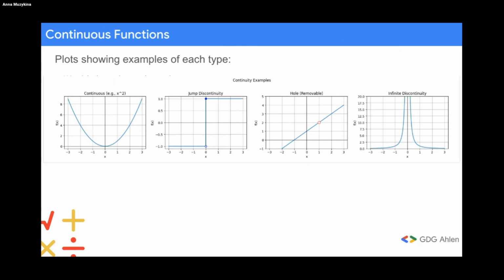And plot 4 infinite, we plot y equals 1 over x squared. It shoots to infinity near x equals 0, creating a vertical asymptote and infinite discontinuity. These visuals help clarify the different ways continuity can fail.